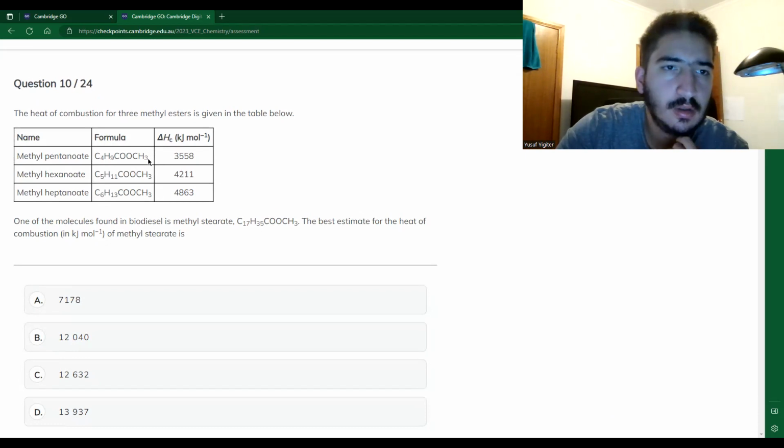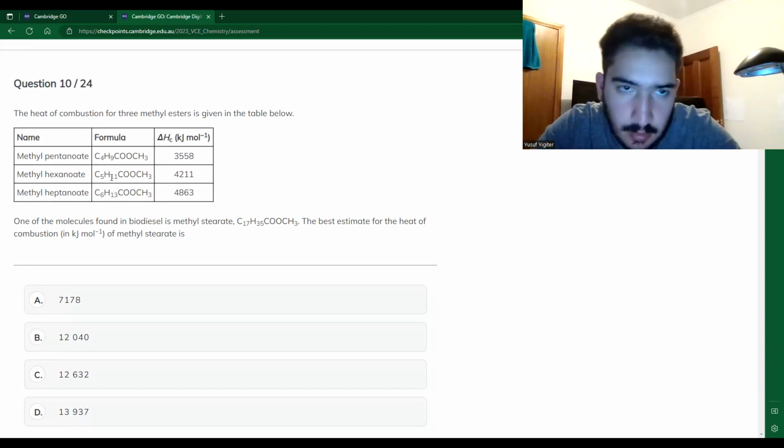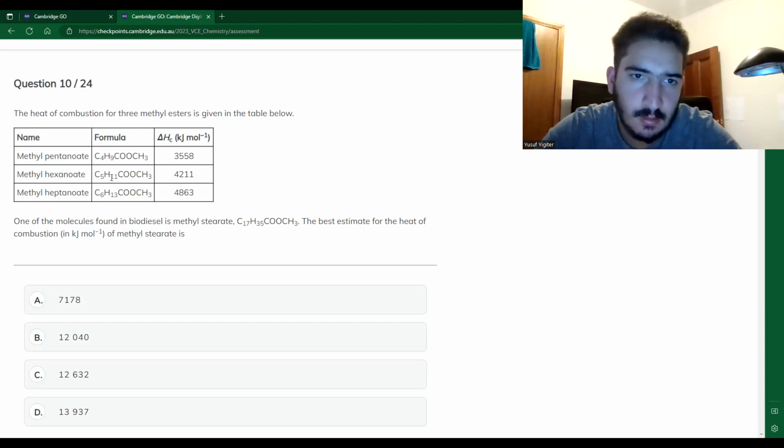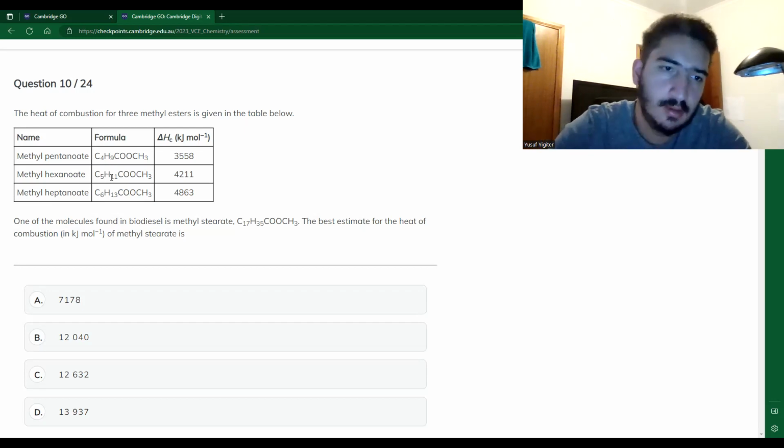Or the difference between 4211 minus 3558 is that, and 4863 minus 4211. It's like 650, something around there. So 17 minus 6. So that times it by that.